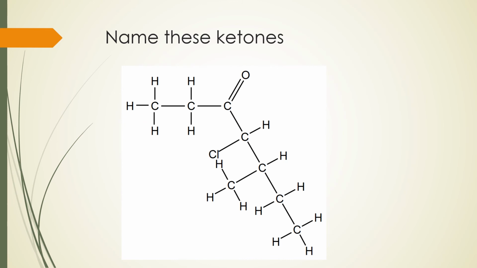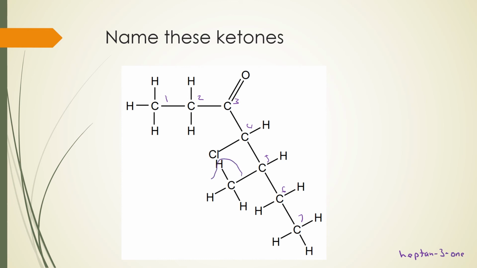Now try this example. Stop the video. Carbonyl group needs to be on the lowest position. So 1, 2, 3, 4, 5, 6, 7. So it is a heptan-3-one.